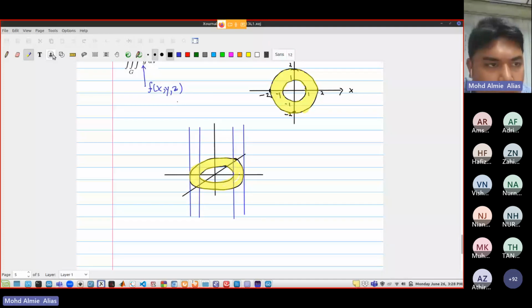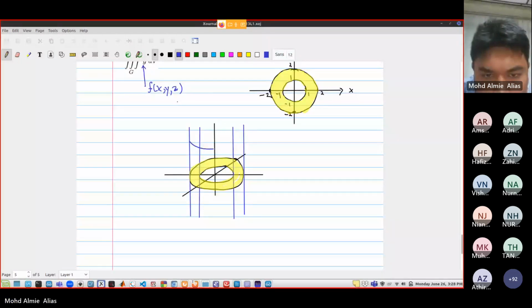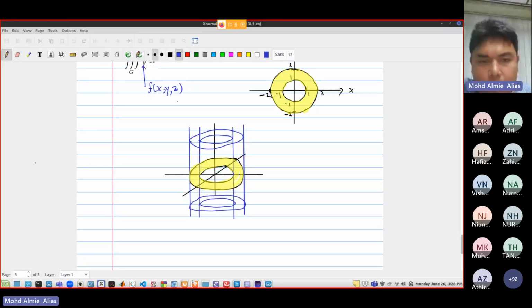Then of course you can draw something like this, and then you want to consider only everything in between, which is here, which is here, and here.